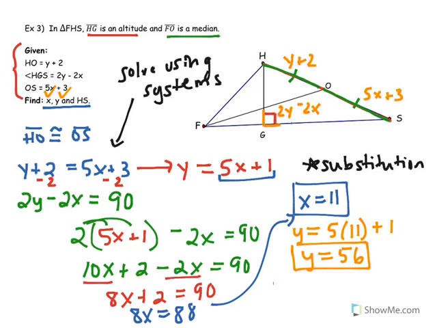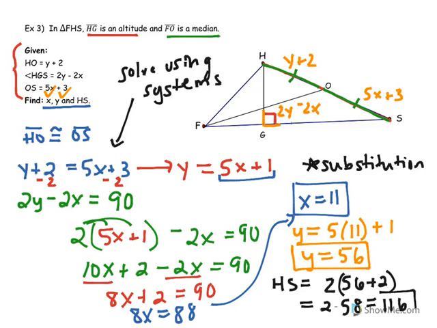So to find HS, I can just plug in HO, y plus 2, so I do 56 plus 2, and then I can multiply it by 2, since HO is congruent to OS. So I get 2 times 58, which gets me 116.